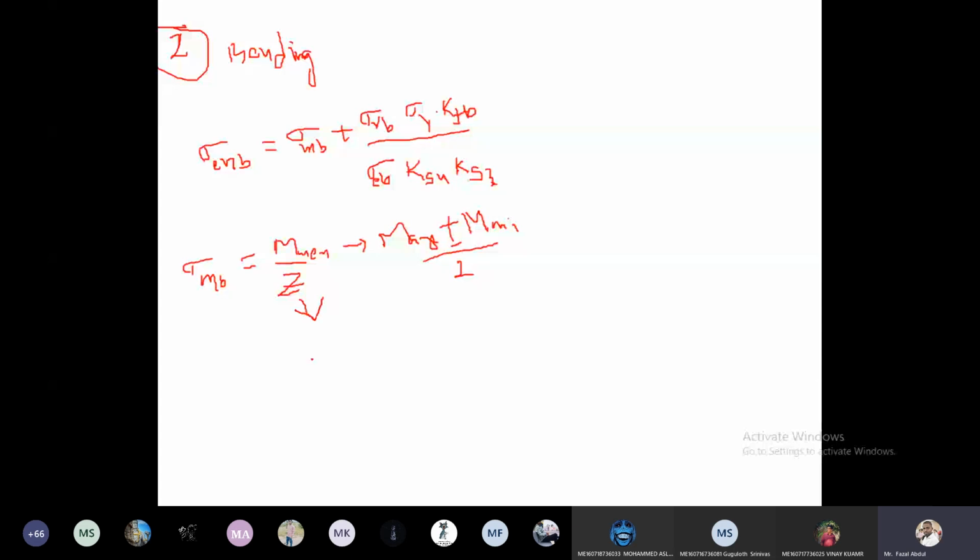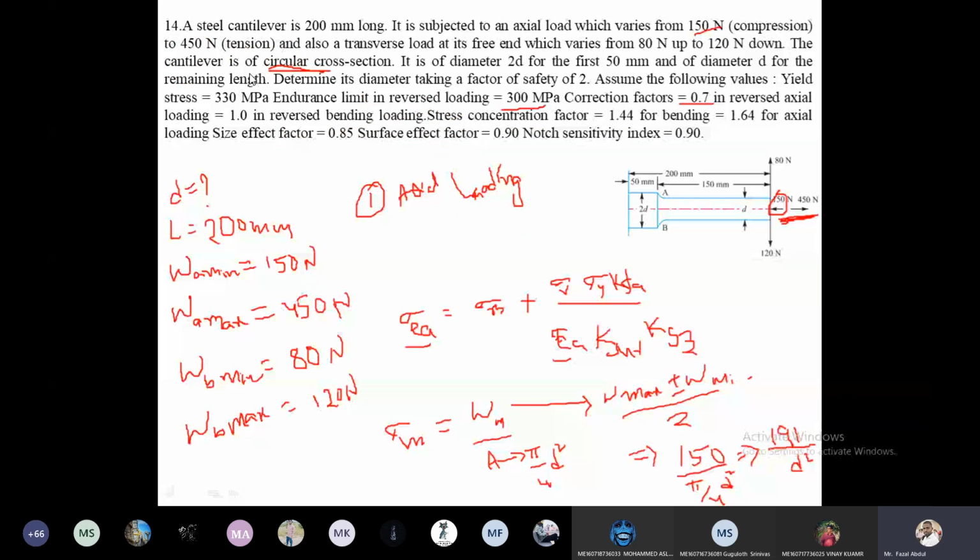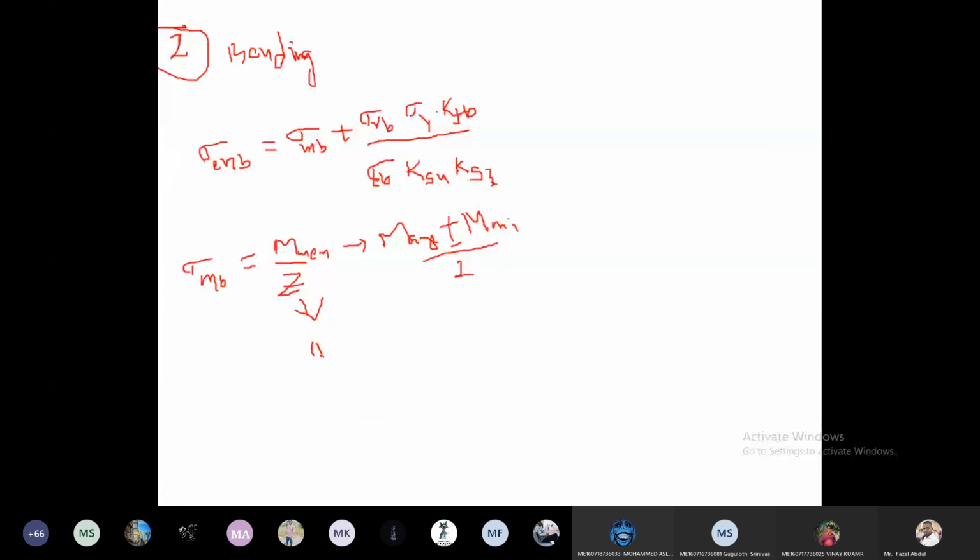So for the circular cross section, section modulus is pi by 32 into d power 3. Now again here, maximum bending moment you don't know, and minimum bending moment you don't know. So maximum bending moment and minimum bending moment we need to calculate.